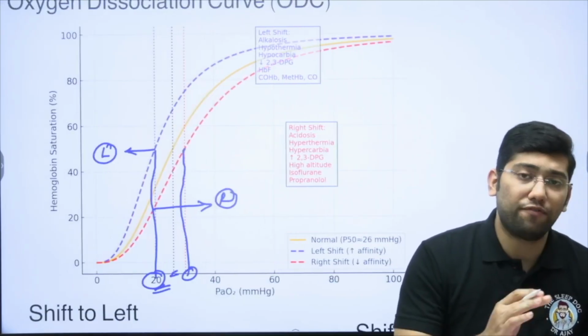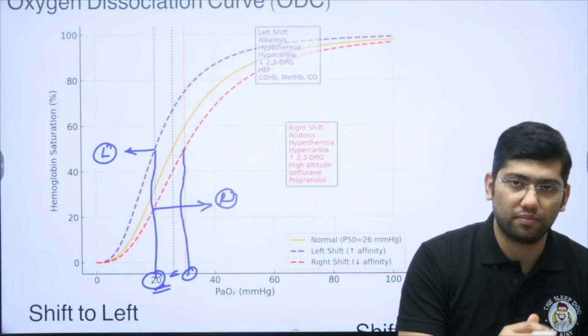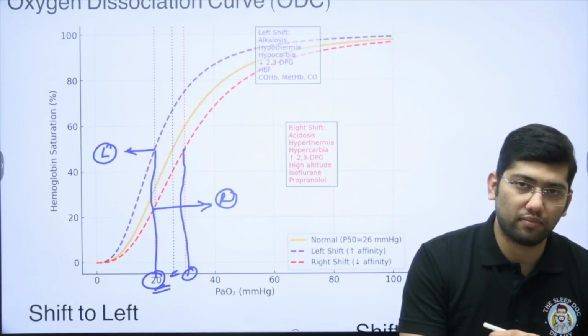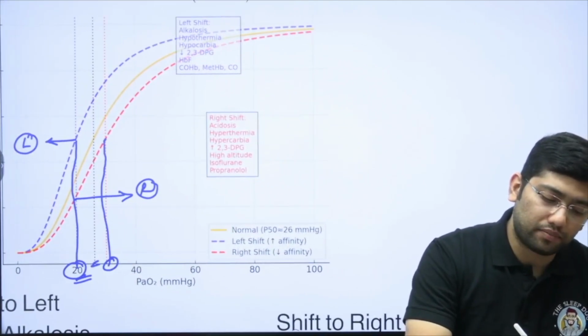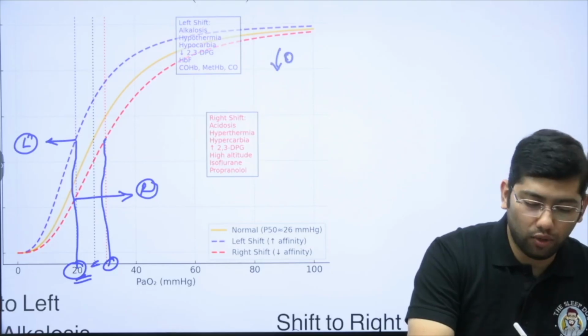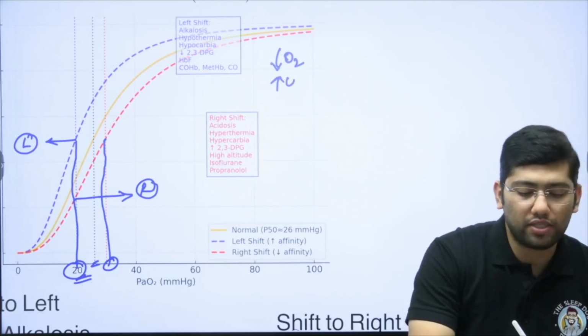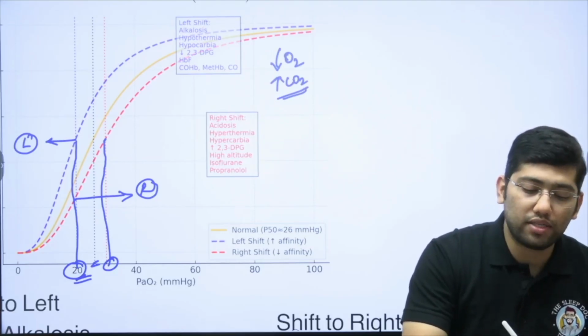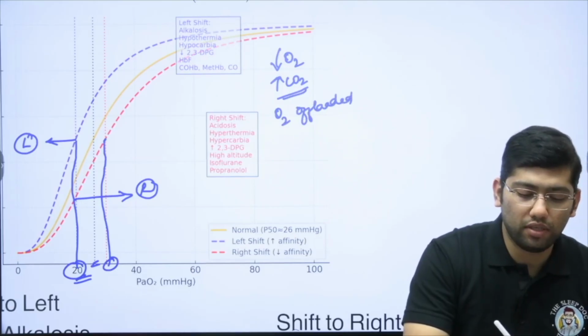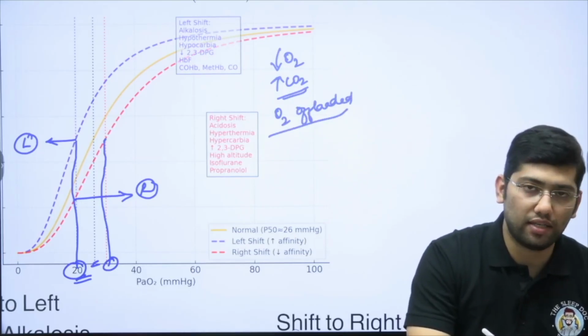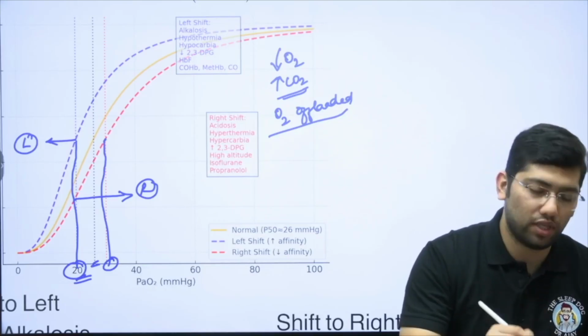Now, what are the factors that cause the shift, or why is this important? In tissues, when the oxygen is low or the carbon dioxide content is high, oxygen tends to be offloaded from hemoglobin to the tissues. Rather, oxygen is being delivered to the tissues.